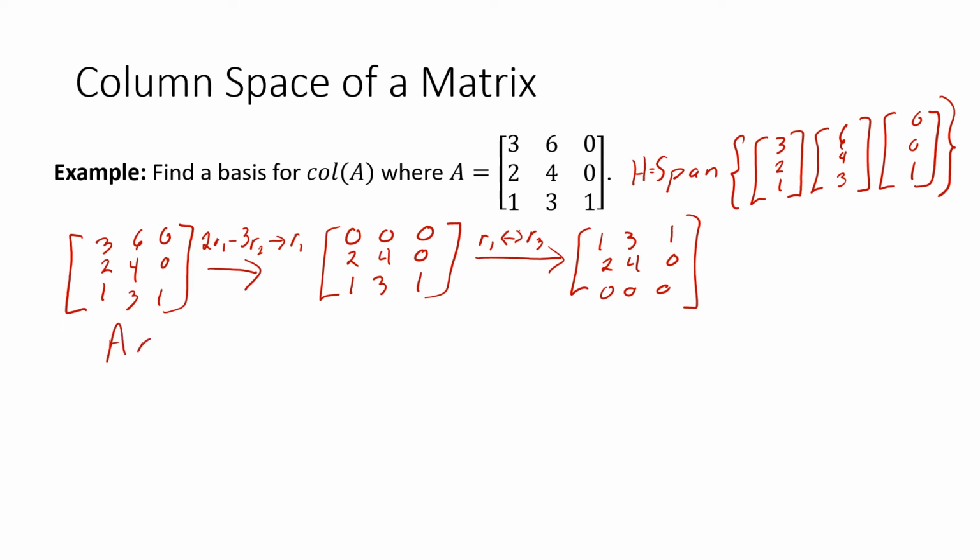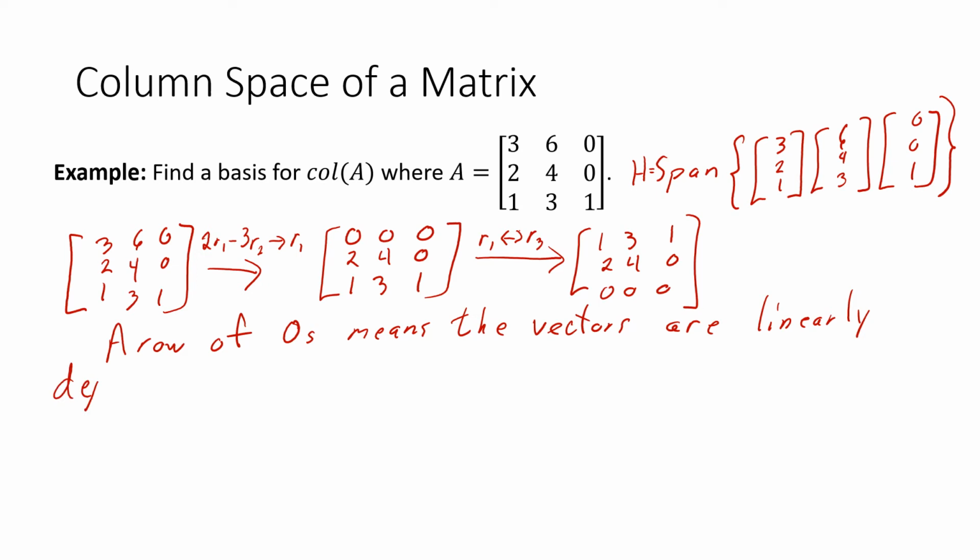So a row of zeros means the vectors are linearly dependent. Okay.